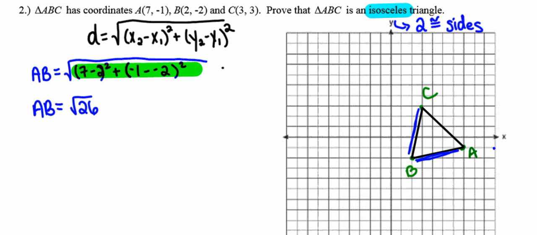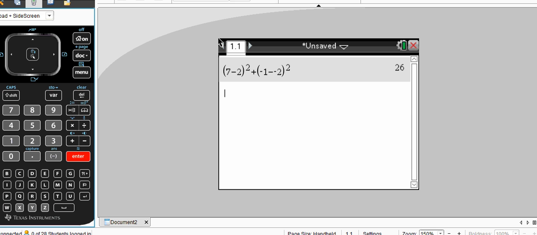I am all set and can go on and find now the length or the distance between points B and C. So the distance between points B and C is going to be 2 subtract 3, square it, plus -2 subtract 3 squared. And again, you need to dig out your calculator and perform these computations the same as I'm doing them here in the video.